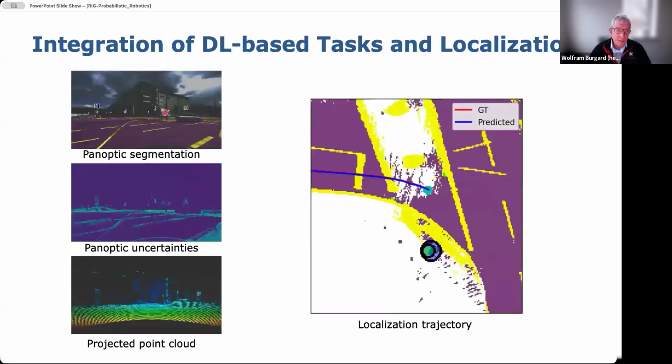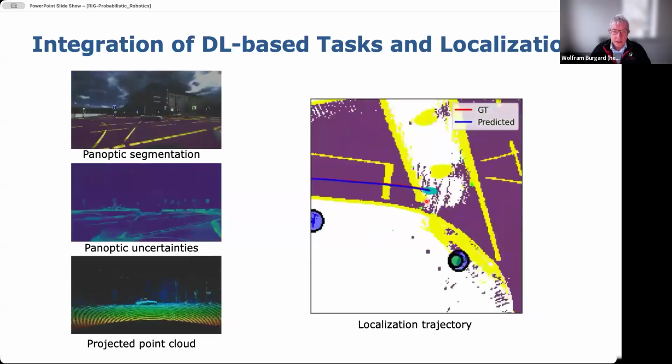And that's something that we implemented in a localization system, in a particle filter. If a particle filter is able to work with these uncertainties, then that means they must be calibrated, so there must be meaningful uncertainties that can be used properly in the downstream tasks of a self-driving car stack.